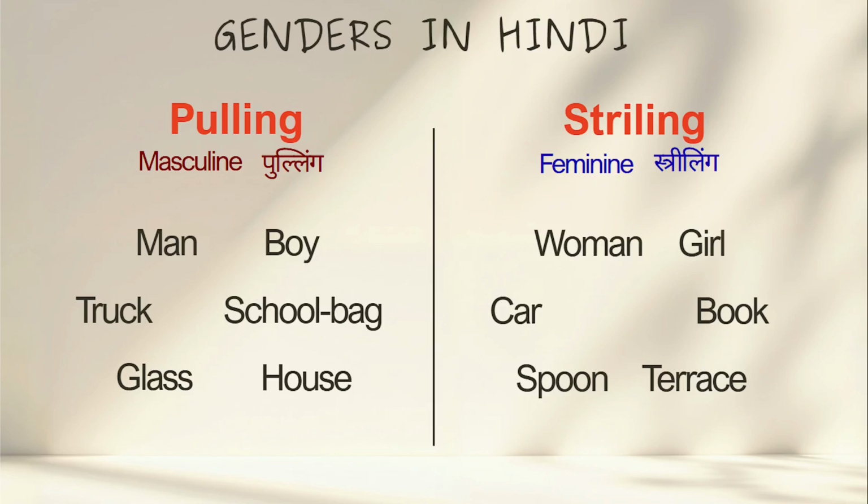Now, whenever a noun is used in a sentence, its gender as well as the number, whether it's singular or plural, affects the other words around it.